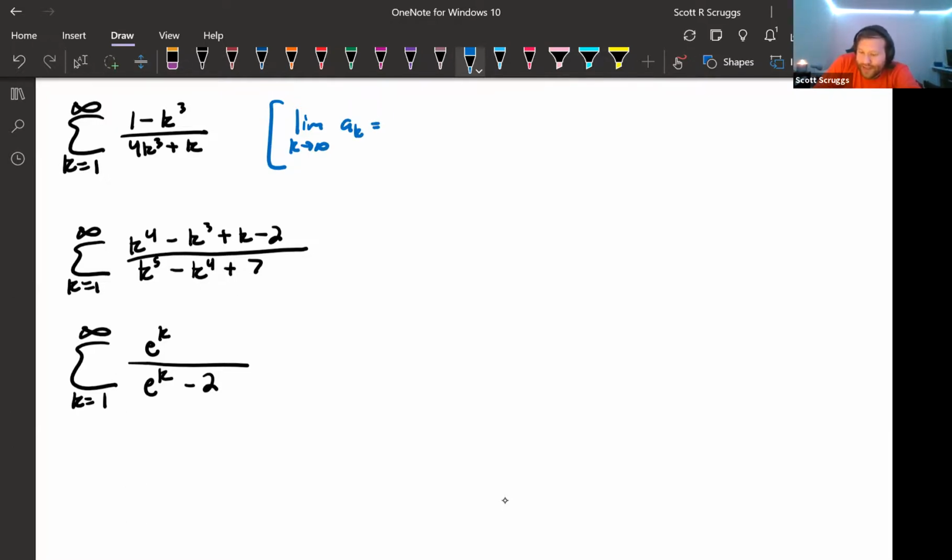First, let's try to take the limit of a_k. What am I going to get if I take the limit of (1 minus k cubed) over (4k cubed plus k)?